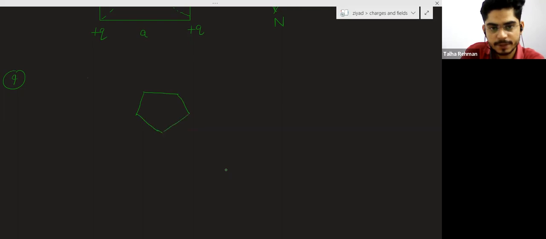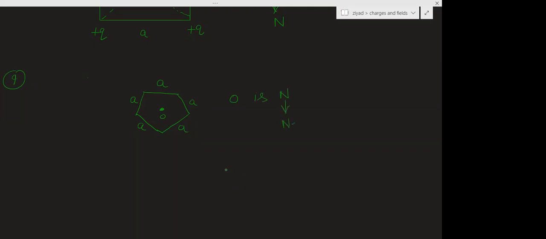This is side a, this side a, this is a, this is a. So at the center of the pentagon, O is the center of the pentagon, and at the center of the pentagon, you will get the neutral point. O is N. N means neutral point.